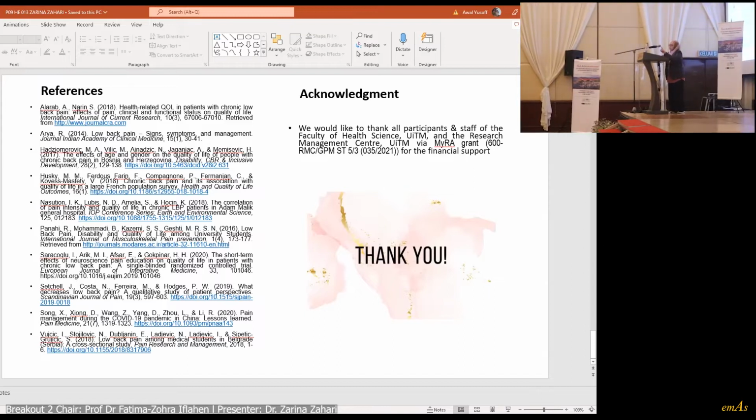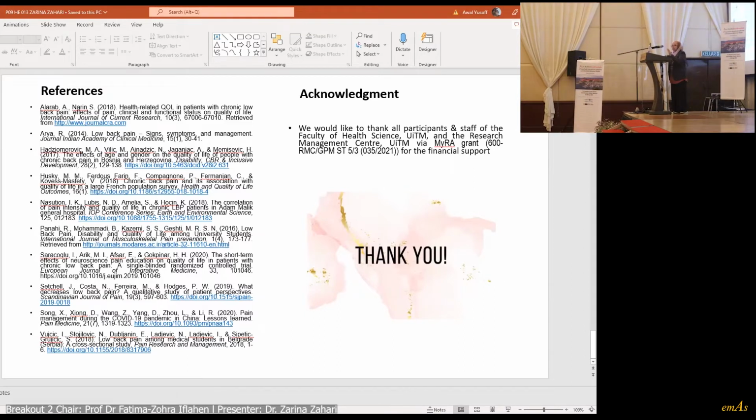Okay, I didn't do the before-COVID study among a similar age group. However, there were previous studies that showed inconclusive evidence. Some studies showed high prevalence of low back pain, and there are also some studies that show quite lesser prevalence.